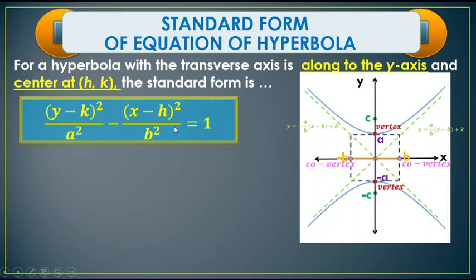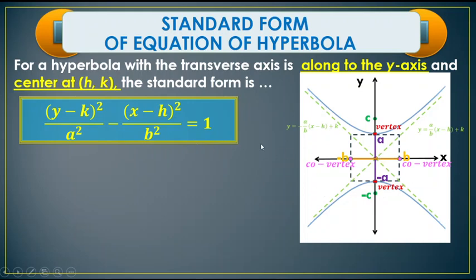Okay? So, lagi natin tatandaan, kung sino ang positive sa kanila. Let's say, kung si y yung positive, ibig sabihin, yung y term natin na naka-squared, kapag yan ang positive, vertical yung orientation ng hyperbola natin. Okay? Kasi yung transverse axis nandito. Kaya minsan tinatawag natin siyang transverse axis vertical or TAV.